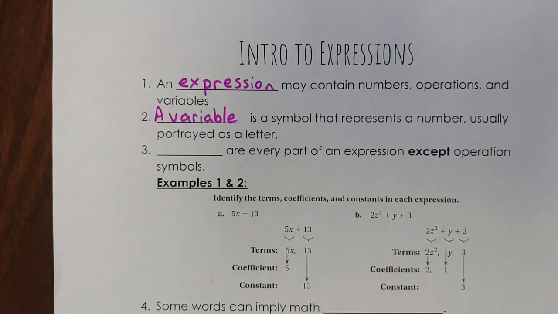So let's use this as an example. If I have a square and the sides are 4 inches long, okay? And in my equation, I put them in as 4 inches long, right?